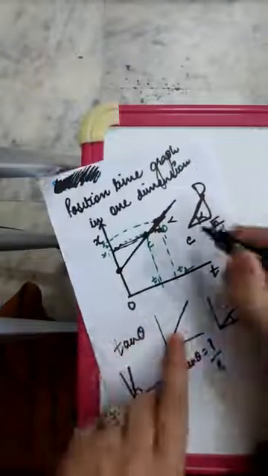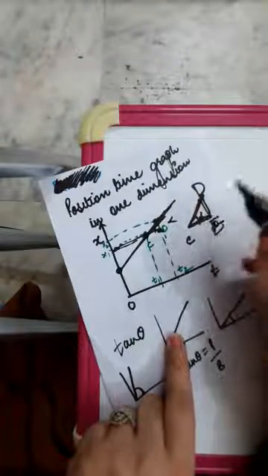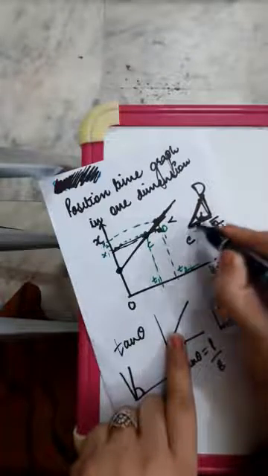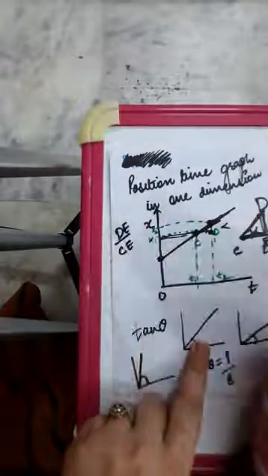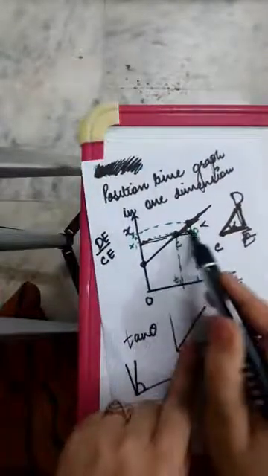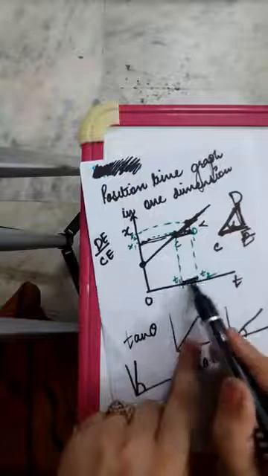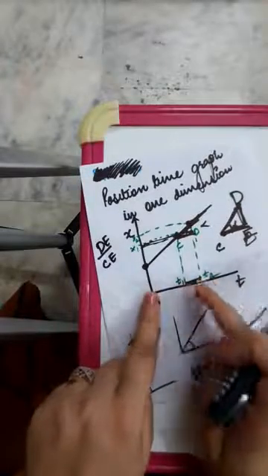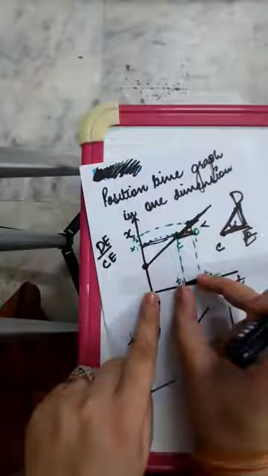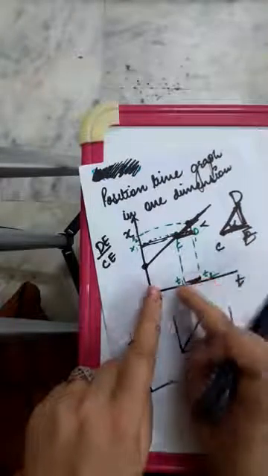Now what will the slope be? It will be tan alpha. So tan alpha is perpendicular by base, DE divided by CE. When you want to find this CE, this whole is t2 and this is t1. If you want to calculate this portion, it would be t2 minus t1.